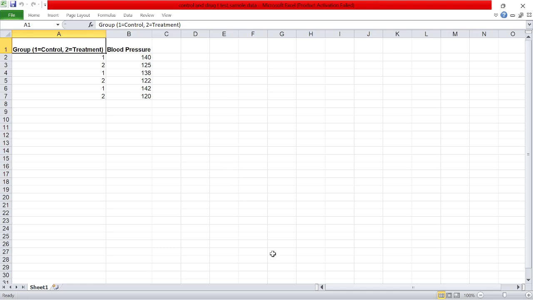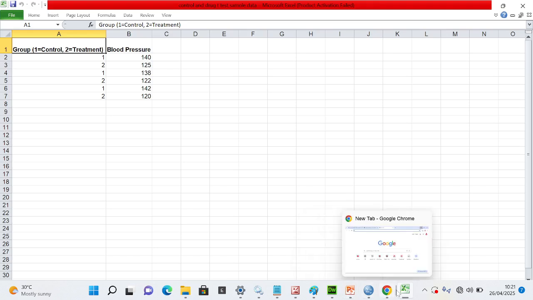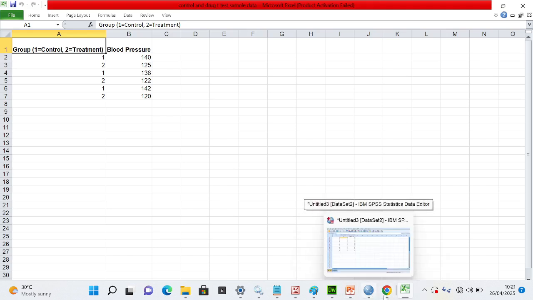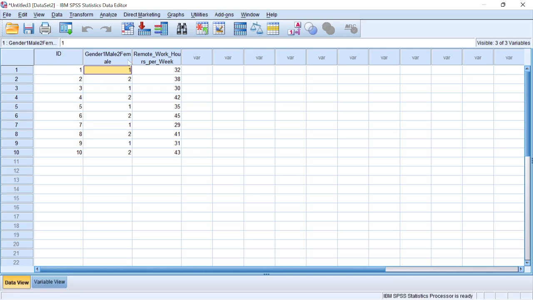So let's quickly start from the first one. Let me import the first one into the scene before I go and explain what we call each parameter, like t-test, like sig, and the likes. Now I've imported the male and female data already.